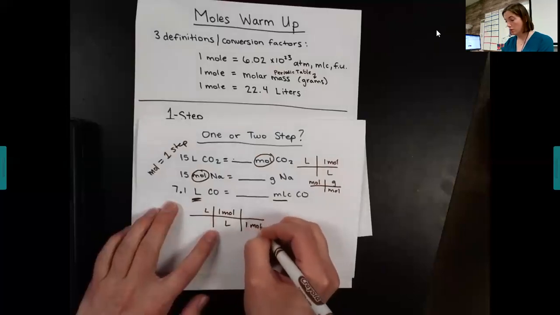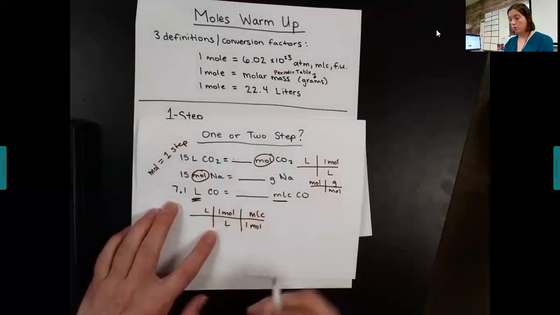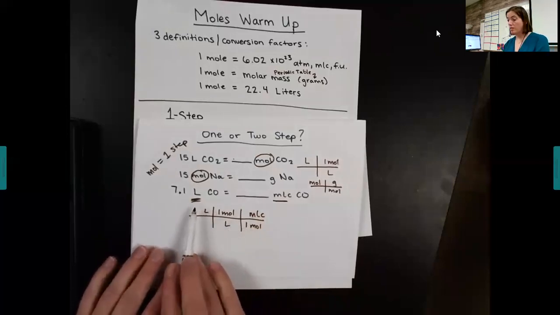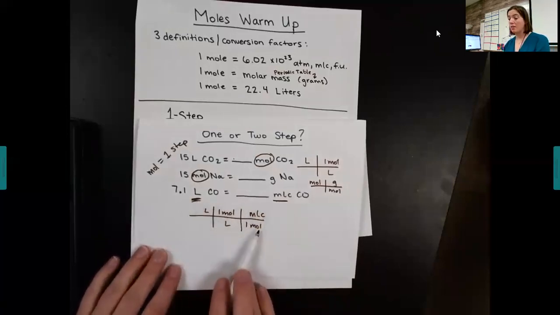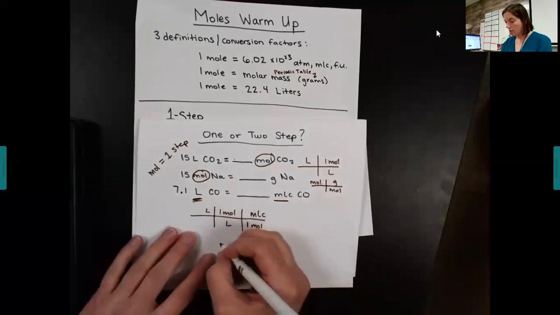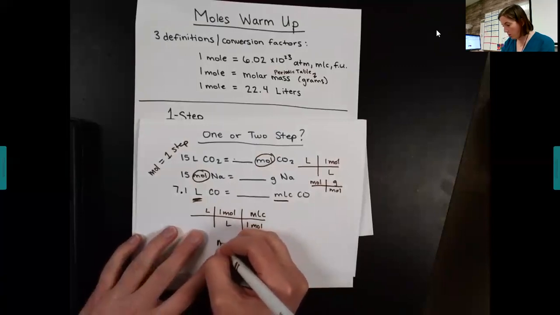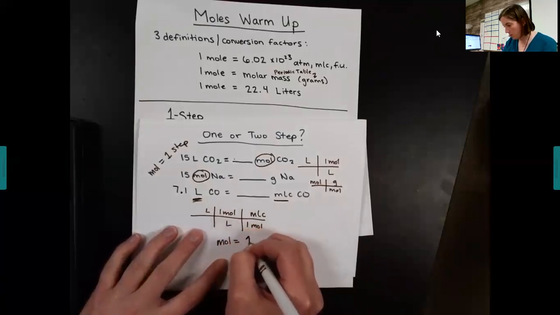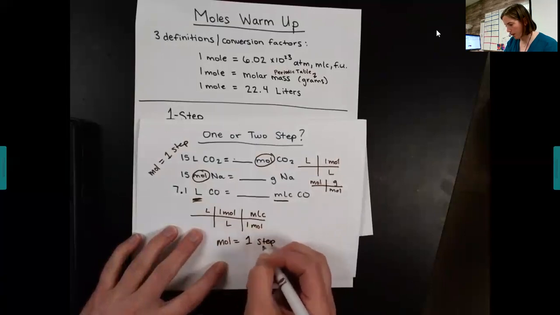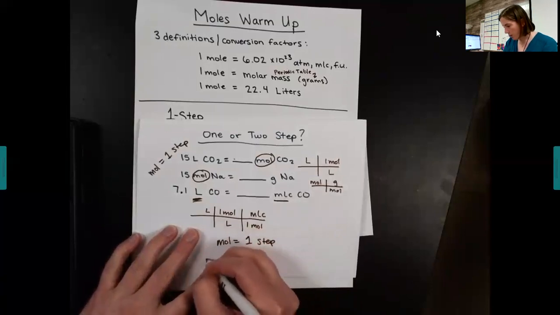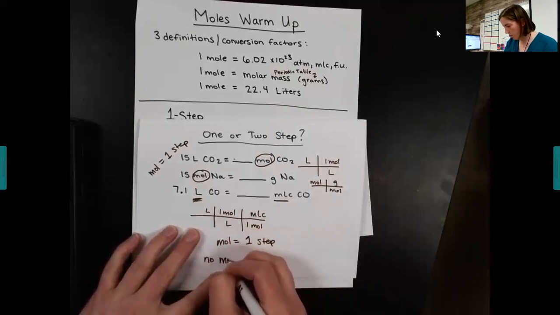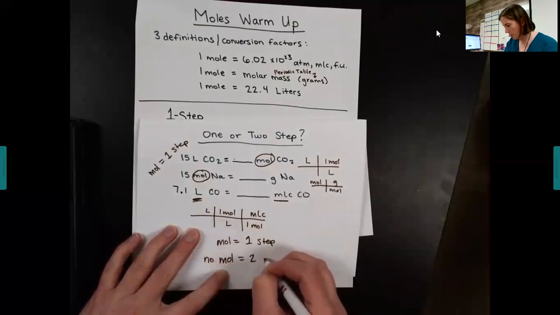So 1 mole over so many molecules. So if it doesn't say moles in the problem, then you have to do 2 steps, so you can go from what you started with to what you need. Okay, so moles equals 1 step. No moles equals 2 step.